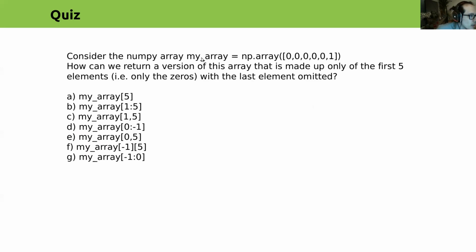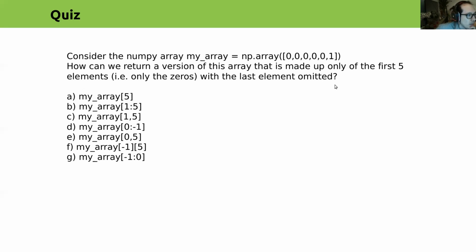Consider the NumPy array myArray equals np.array of 0, 0, 0, 0, 0, 1. How can we return a version of this array that is made up only of the first 5 elements, i.e. only the zeros, with the last element omitted?